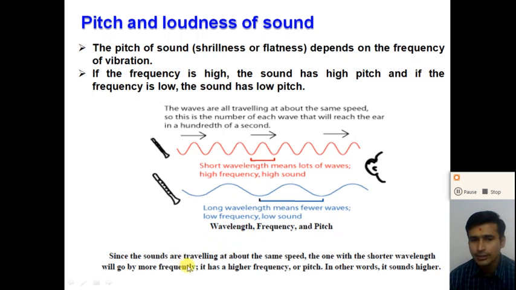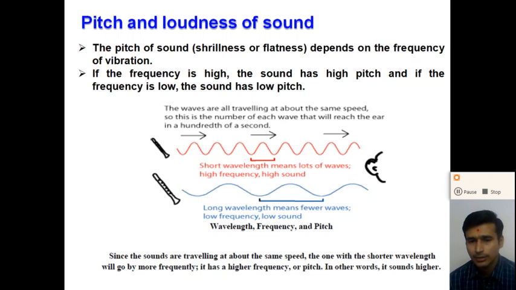Since the sounds are traveling at about the same speed, the one with the shorter wavelength will go by more frequently and it has a high frequency or pitch, right? In other words, if the sound wave has a shorter wavelength and high frequency, more waves reach the ear, so it has a higher pitch.